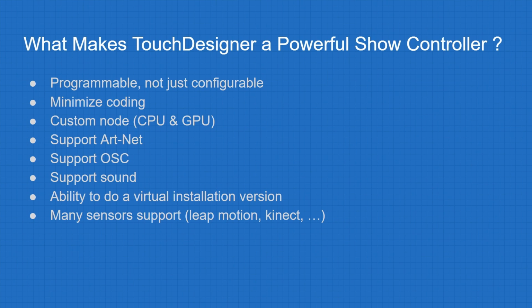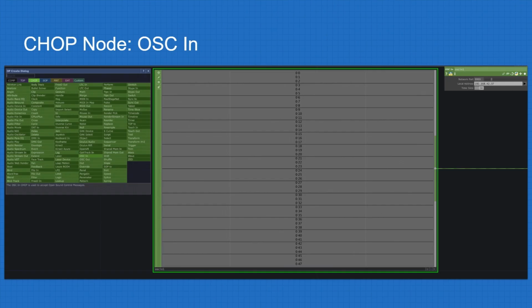But I can use custom nodes in order to break any limitation that I may have. TouchDesigner also supports the ArtNet and OSC protocols, and also sound. There is also the ability to have a virtual installation version for me, so it's very interesting not to have my installation always near me. It also supports commercial sensors like Leap Motion and Kinect.